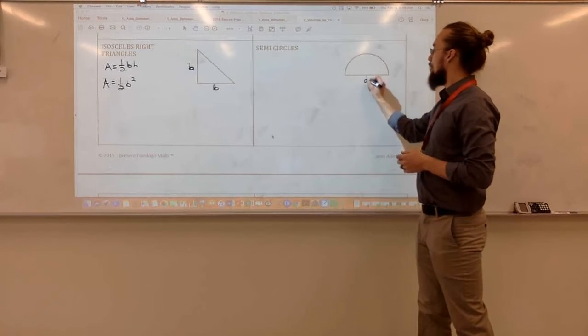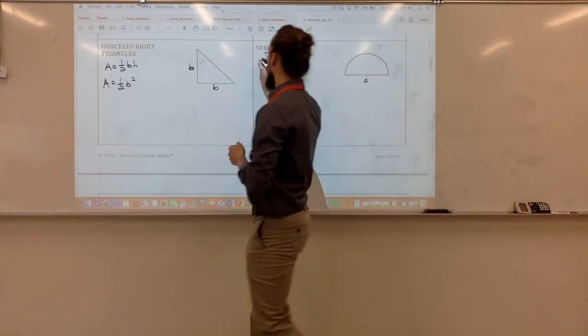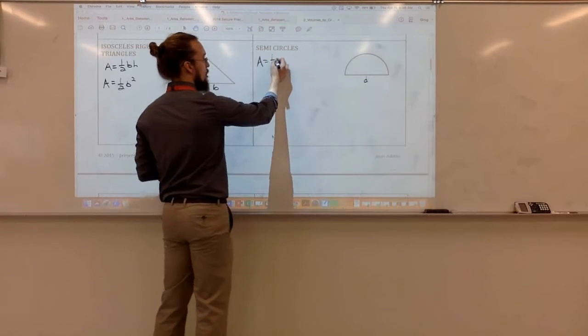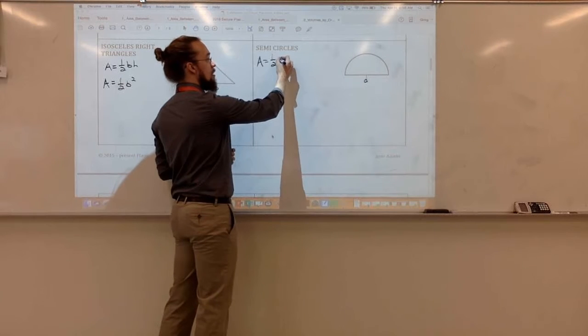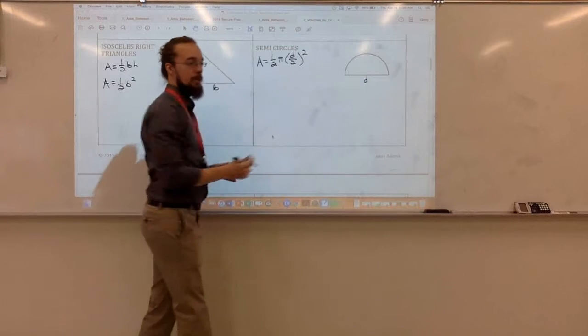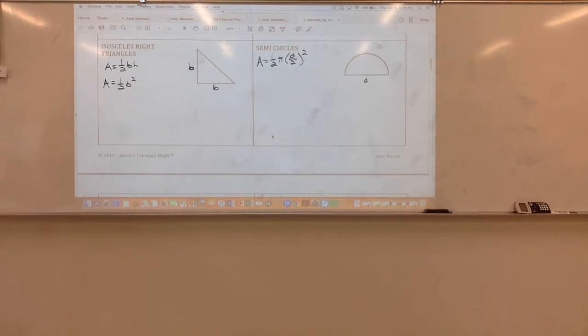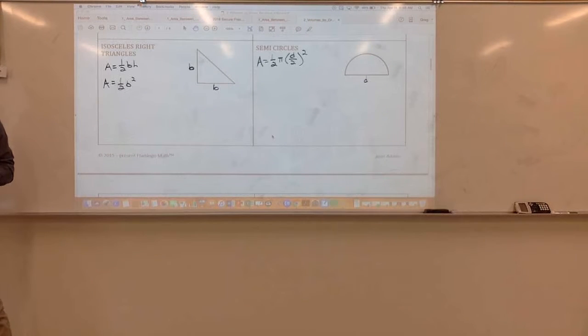So if we want to write our formula in terms of the diameter, the area is 1/2 pi r squared, but in terms of d, that would be d over 2 squared, right? The radius is half of the diameter. So 1/2 pi r squared would be the same as 1/2 pi times 1/2 of the diameter squared. Right. You okay with area formulas?